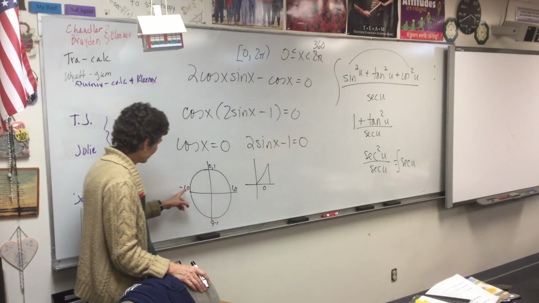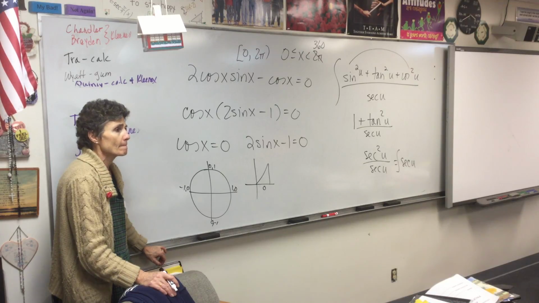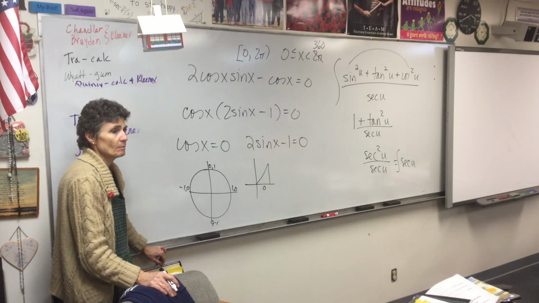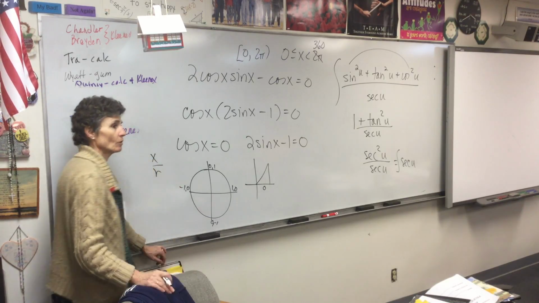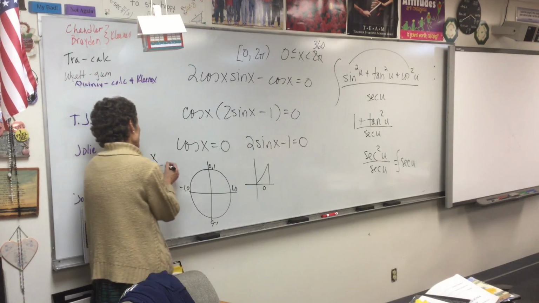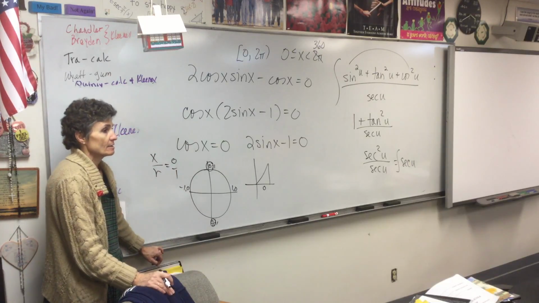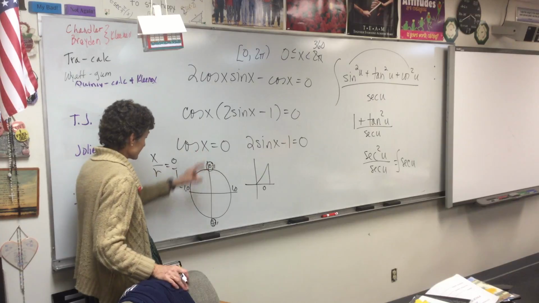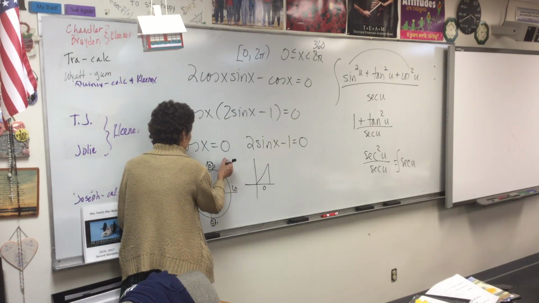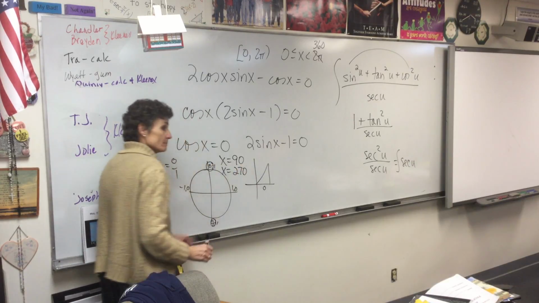Where does it happen that the cosine is 0? On the right or on the left? The top. Top and bottom. Why? Because cosine is x over r. And if I want that to be 0, I have to have x being 0. Don't I? So the answers to this equation are, if I do it in degrees, 90 and 270.